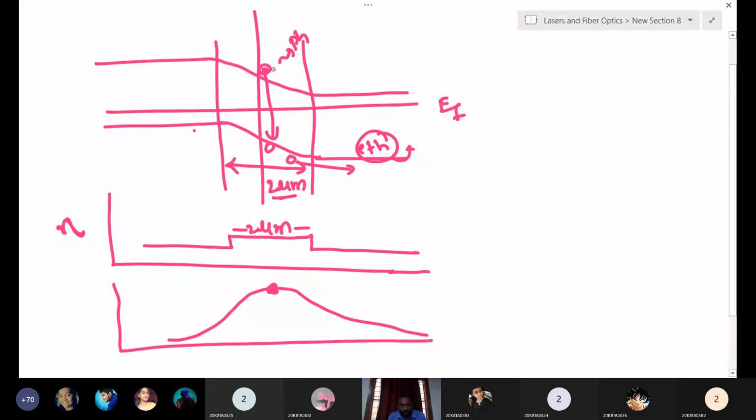If you move from the center of the depletion region to either side, the recombination will reduce. That means the output laser power will decrease. Only this is the active area.